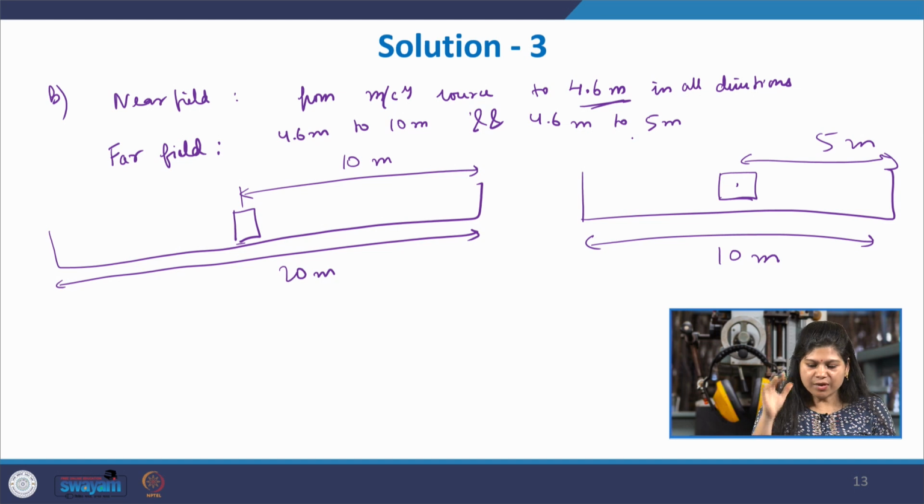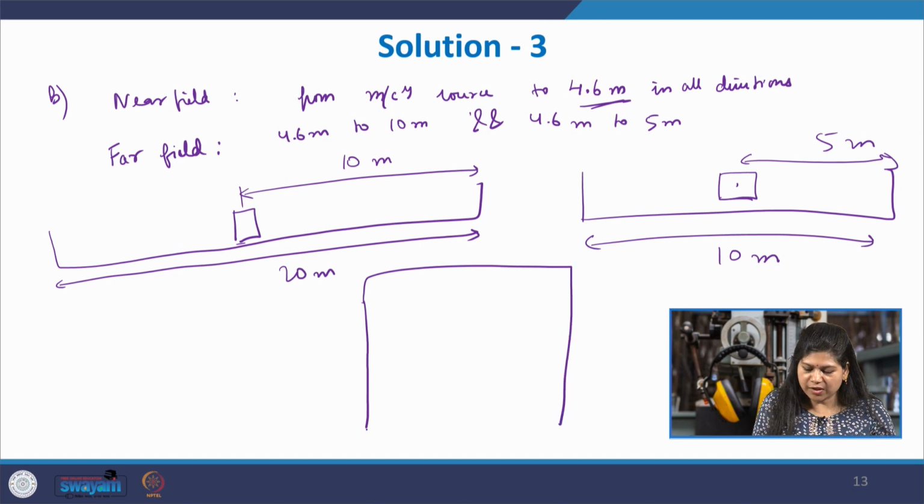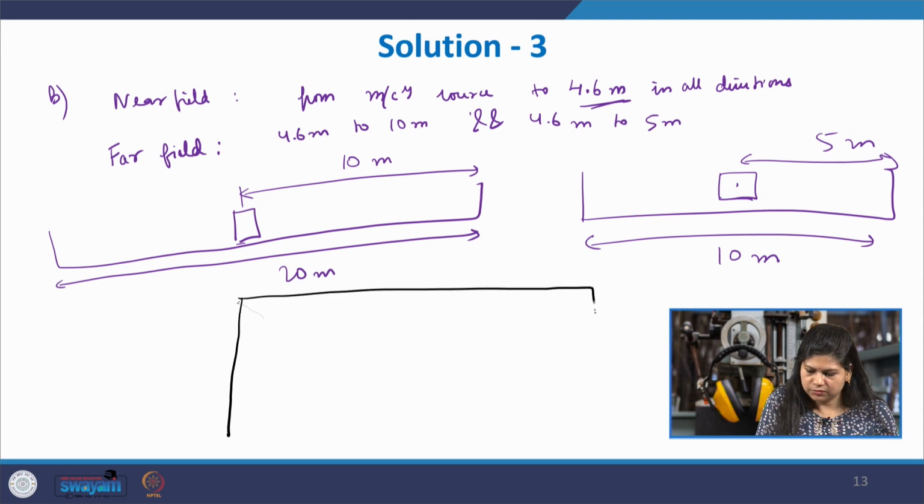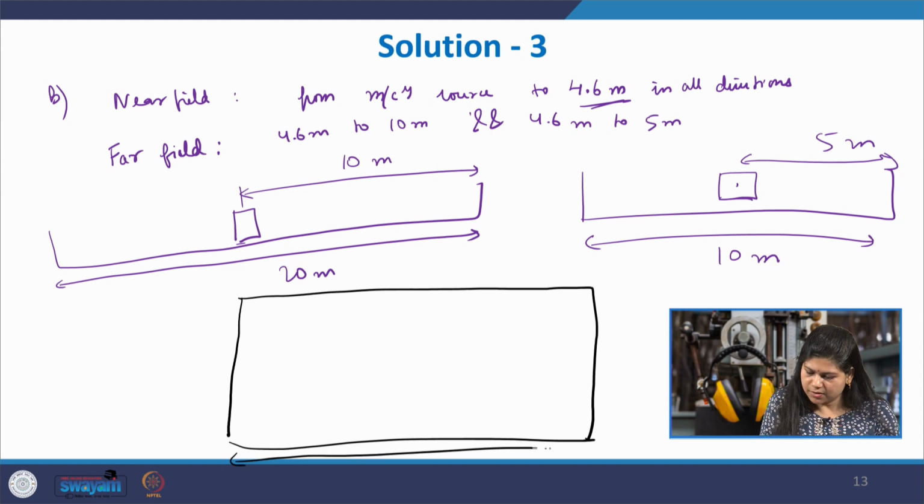If you think of the room layout, let us take a top view of the room and see how the near field and the far field zones look. Let me draw a better layout, 10 by 20. This is your 20 meters, this is your 10 meters.